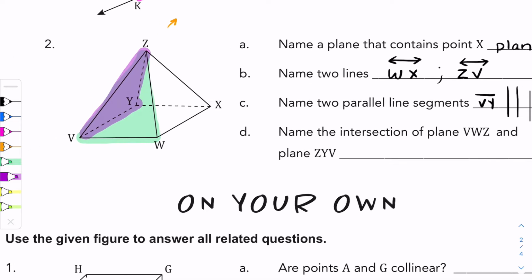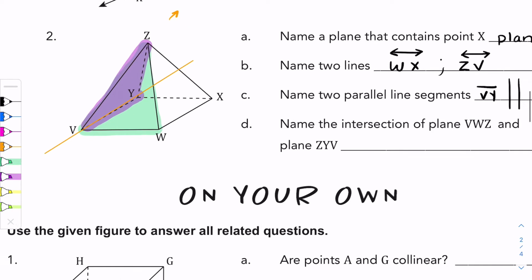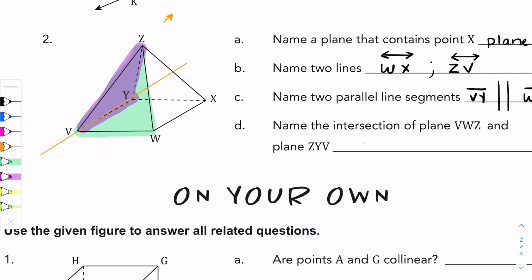So it looks like these 2 planes intersect at this line, which would be line VY. And it is a line because it does extend forever. I know you only see a segment, but there is a line there.